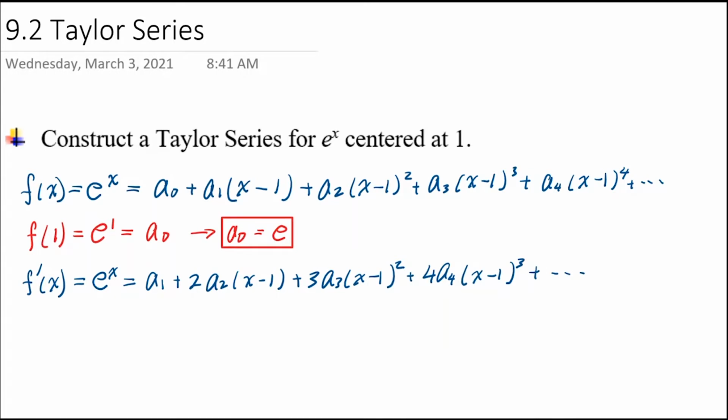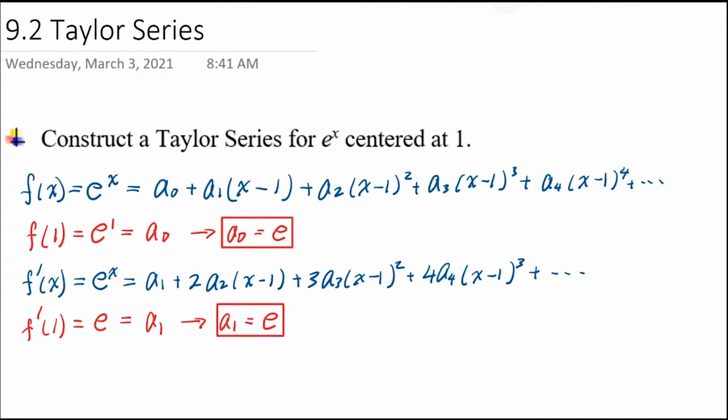Are you getting this? If you are a little confused about this, now is a really good time. And we plug in 1, so this becomes e again, and a1, and everything else dies. So that tells you a1 is equal to e as well. Good.